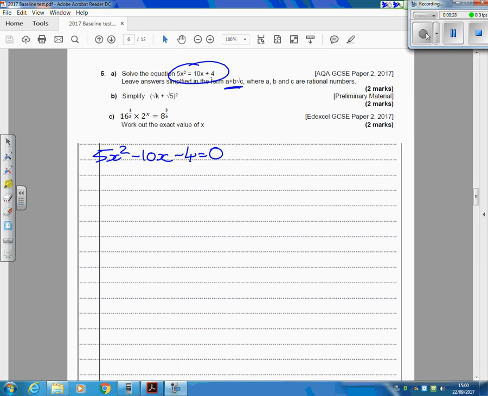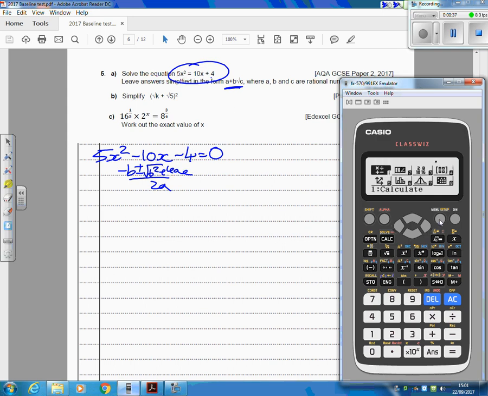So you could use your minus b plus or minus the square root of b squared minus 4ac all over 2a, or simply grab your calculator again. Menu, quadratics, polynomial of degree 2, we're looking at 5, minus 10, and minus 4, and it gives our answers as 5 plus 3 root 5 over 5, and 5 minus 3 root 5 over 5.